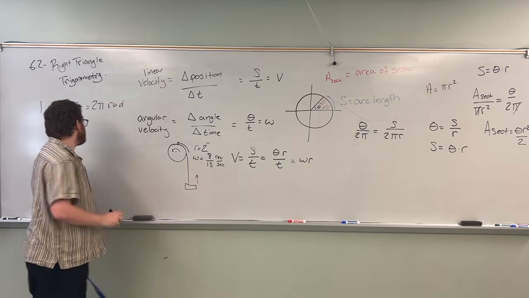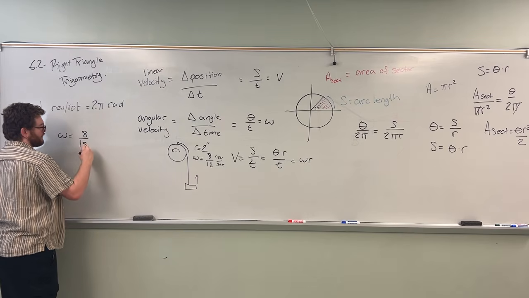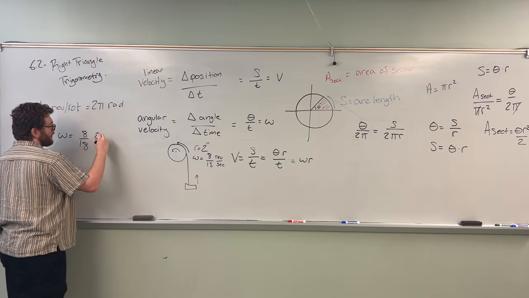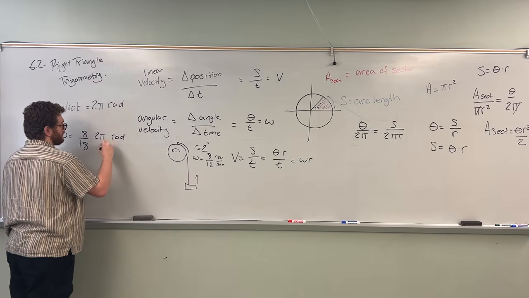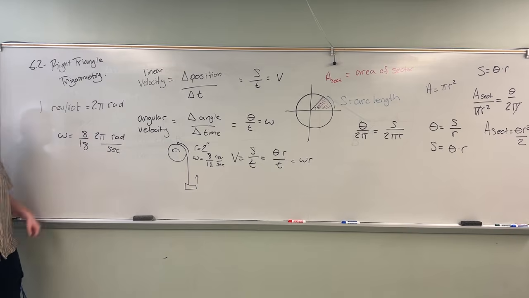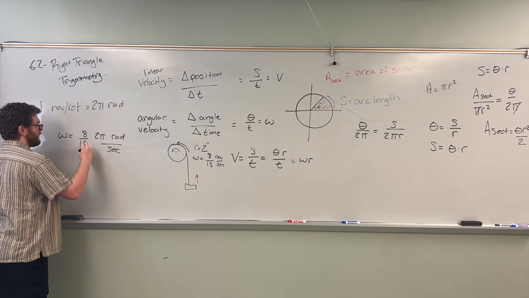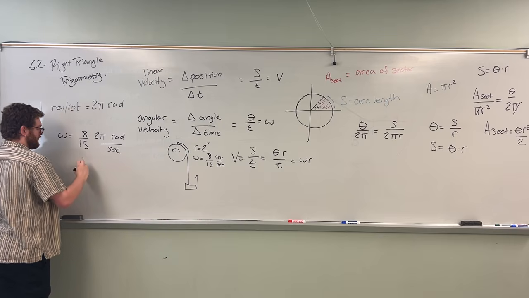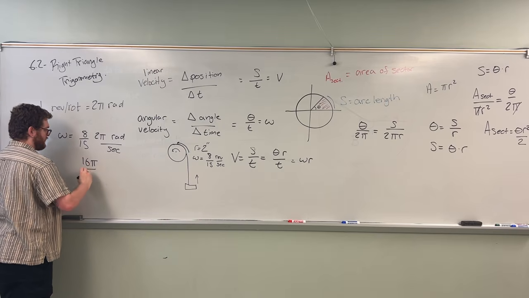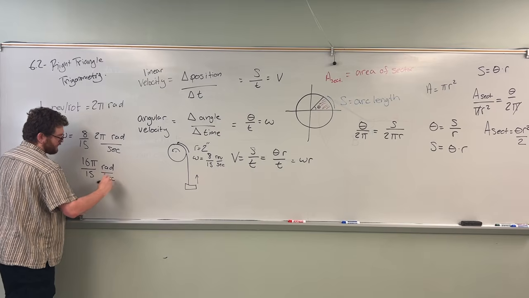So my omega is 8/15 times 2 pi radians per second. And then 8 times 2, that's supposed to be 15, not 18, apologies. And then 2 times 8 is 16 pi over 15 radians per second.